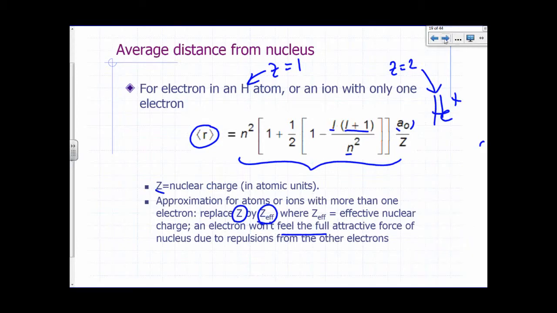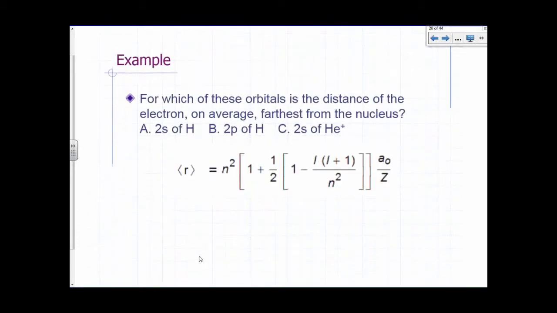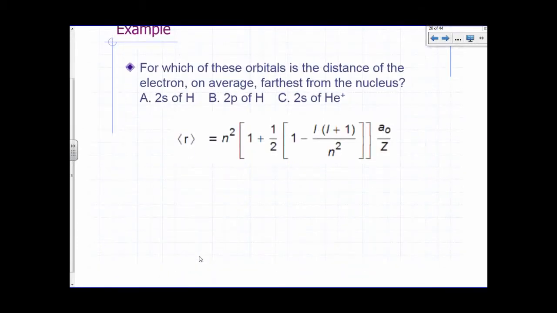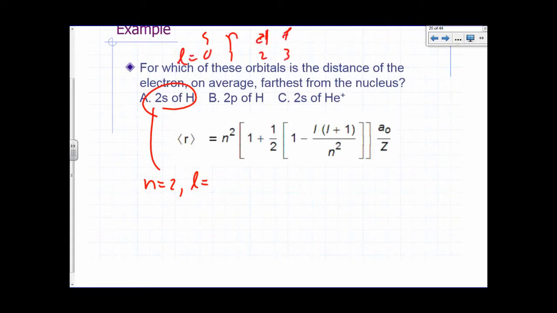Basically, what's the result of applying this formula? Let's apply that. For which of these orbitals is the distance of the electron on average farthest from the nucleus? Let's plug in the numbers. Let's say 2s of hydrogen. So n equals 2, and l, remember, for s, p, d, f, l equals 0, 1, 2, 3. So l equals 0. So let's plug that in.